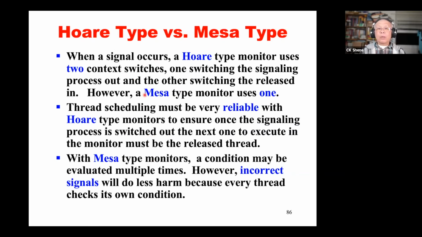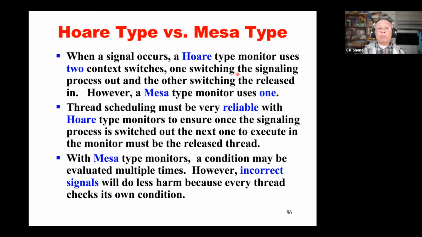When a signal occurs, a Hoare type monitor would require two context switches. Why two? One switching the signaling process out, and the other switching the released one in. Suppose a signaling thread signals a condition variable.